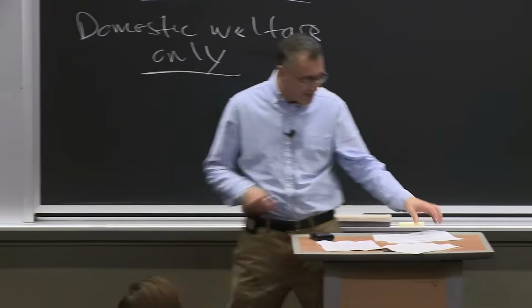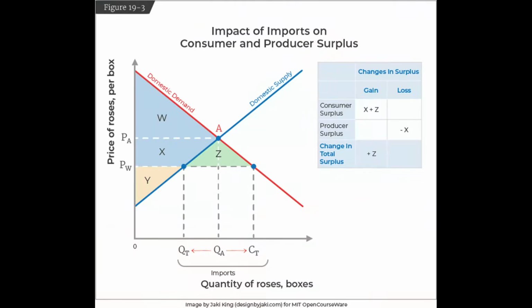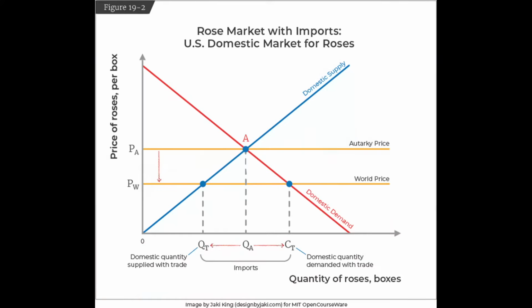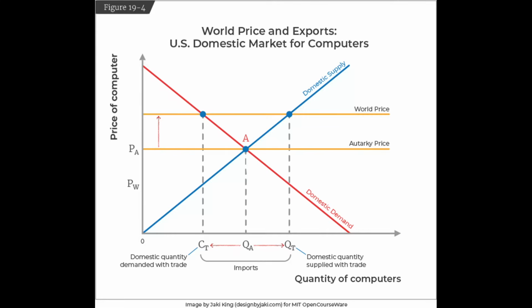If you flip back to 19.3, the reason that P sub W line is below the P sub A is that world supply, or 19.2 is easier, world supply is above US supply. Since supply is higher, the price falls. Now in 19.4, world demand is higher than US demand, so the price rises. So we end up with a P sub W at the higher level.